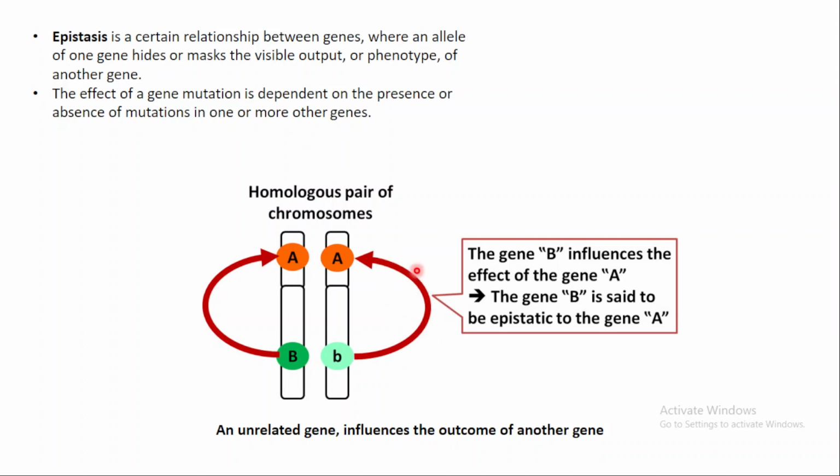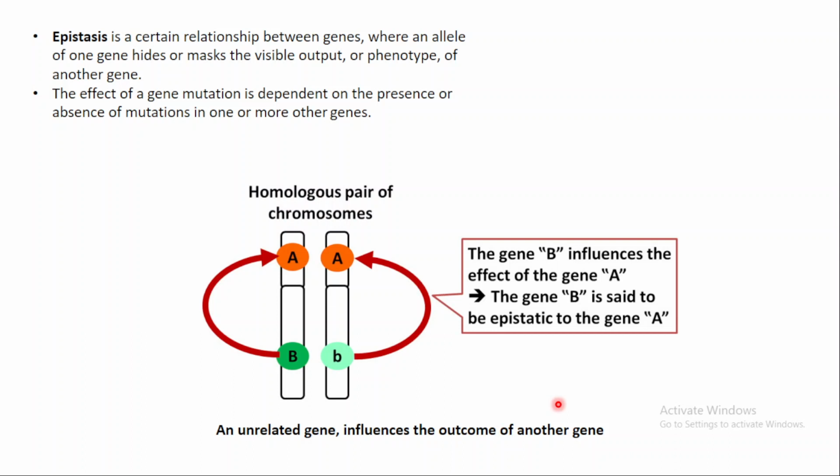So here is another easy representation. We have two genes located on a pair of homologous chromosomes. If gene B influences the effect of gene A, then gene B is said to be epistatic to gene A. If whatever gene B is doing affects the activity, the conversion, or the phenotype of gene A, then B is said to be epistatic over A. An unrelated gene influences the outcome of another gene.